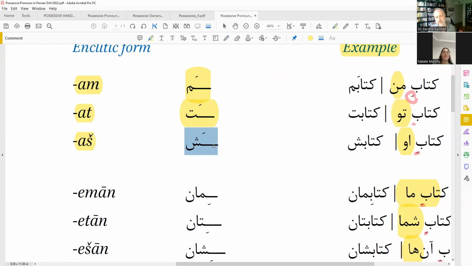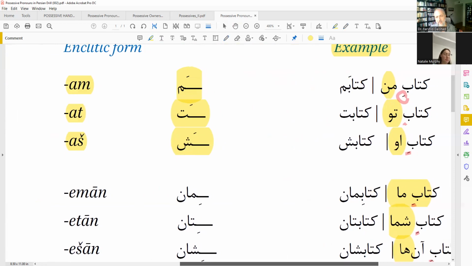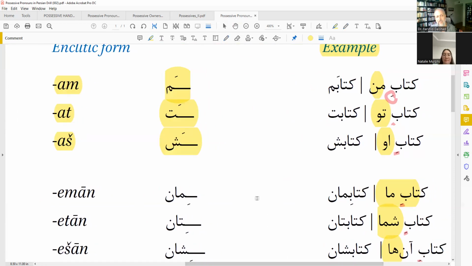So we have equivalent forms for using the possessive pronouns in enclitic or joined form. Instead of ketab-e man, I can simply say ketabam. Instead of ketab-e to, I can say ketabat. And instead of ketab-e u, I can say ketabash.